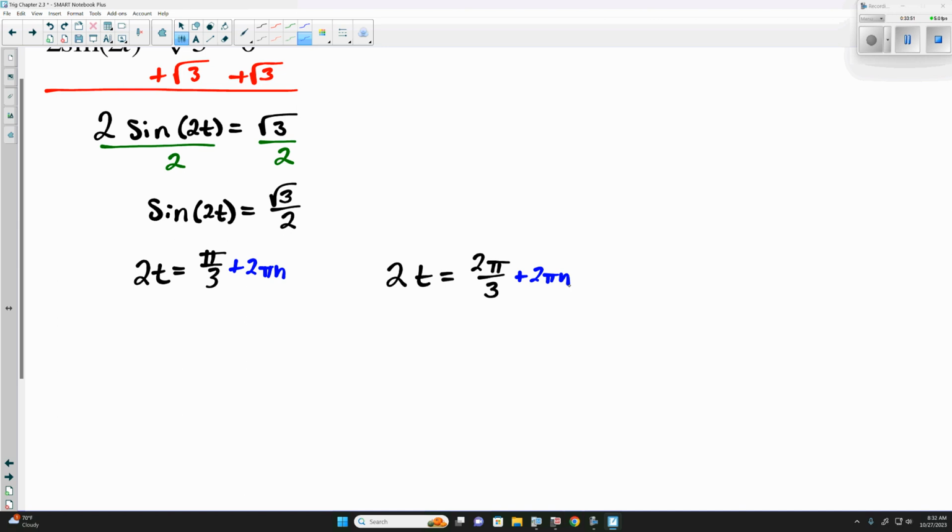Now again, because we are not restricted on the interval of 0 to 2 pi, we have to add the 2 pi n into it. Now I will tell you, especially for the test, I'm going to restrict pretty much all of these to be between 0 and 2 pi, so we're not having to worry about this here.